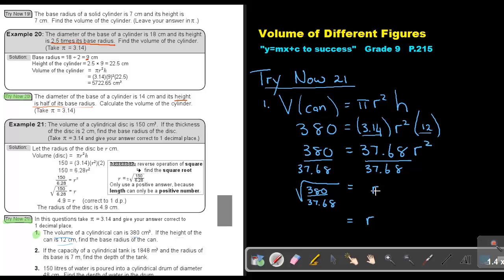So just go and say square root, bracket, 380 divided by 37.68, close the bracket, equals, and then approximate to 1 decimal place. And then it's a practical sum, so end with a sentence and say the radius of the can is 3.2 centimeters. So end with a sentence like that.